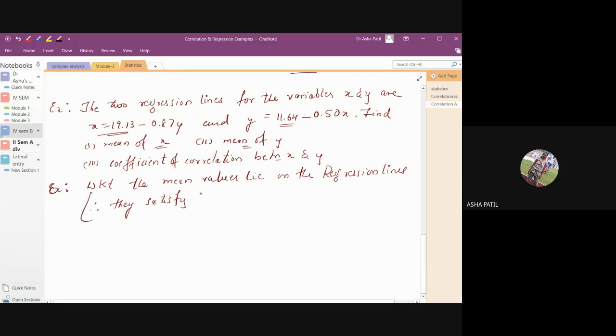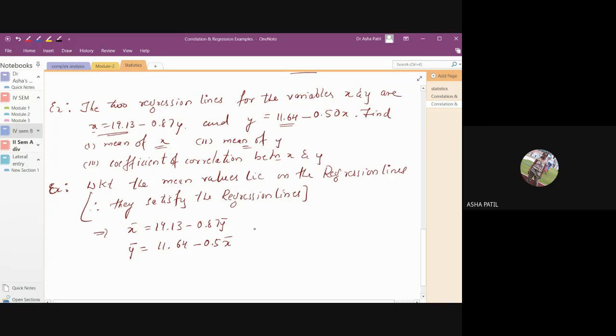So instead of x and y, we can write x bar equal to 19.13 minus 0.87 y bar, and y bar equal to 11.64 minus 0.5 x bar.